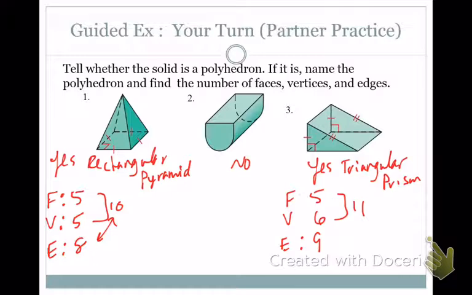The only 2 faces that are both parallel and congruent are these 2 triangles here and here. Since they're triangles, then we name the prism, this is a prism, it's got 2 bases, as a triangular prism. Okay? 5 faces, 6 vertices, which add to 11, and then there are 9 edges, so we have a difference of 2 again. That pattern is going to continue to happen. Okay?